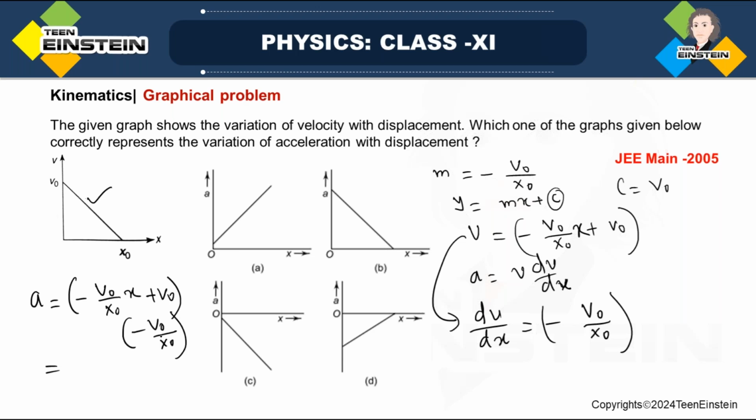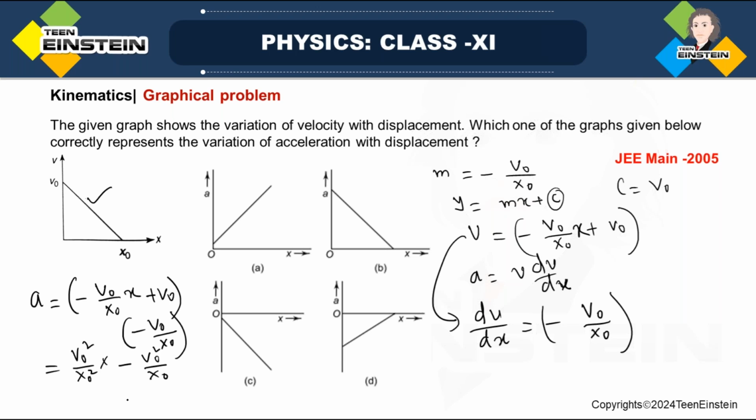Now let us multiply this. So what I get? v0 square by x0 square x minus v0 square by x0. Okay, so this is what we are getting.